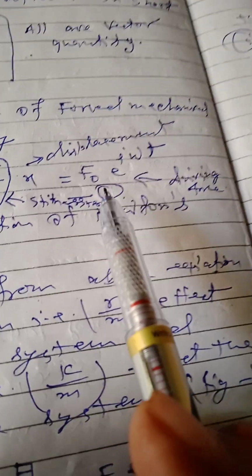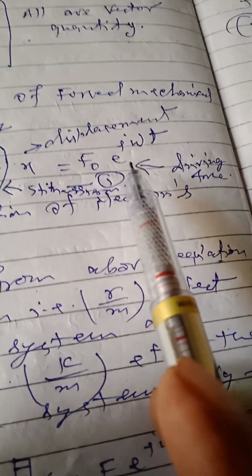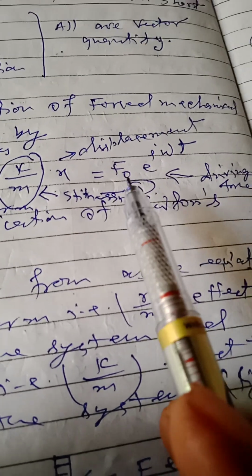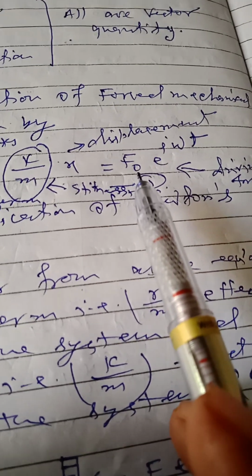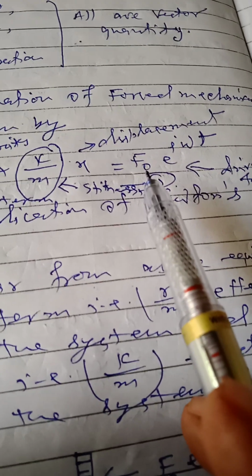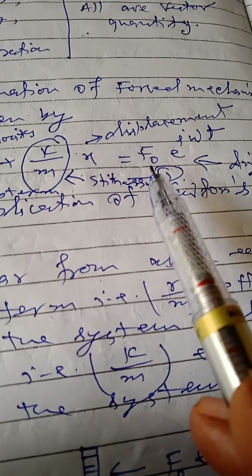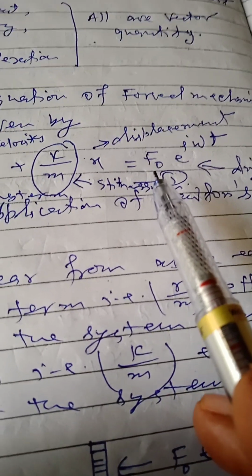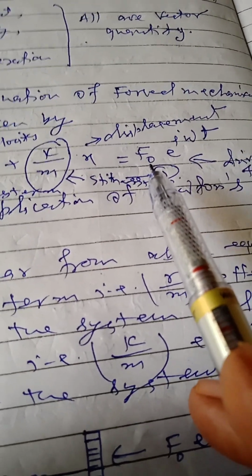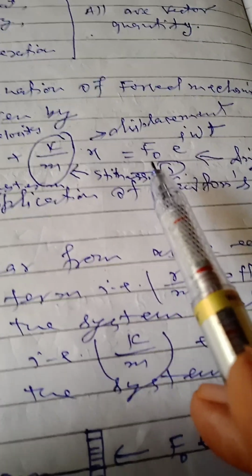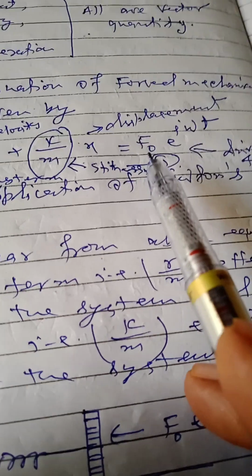This f naught e to the power i omega t is known as a driving force which we are applying again and again. In this, there is a simple example of the cradle, where we apply a pushing force or pulling force to swing the baby.